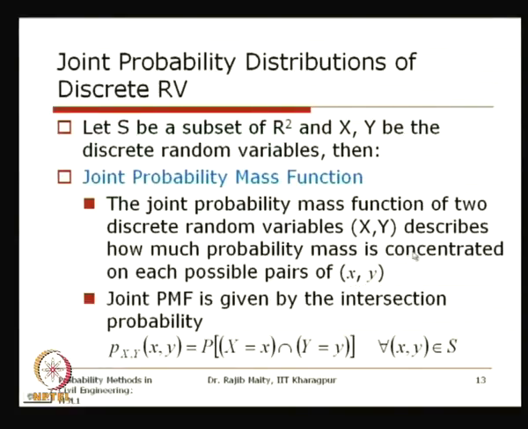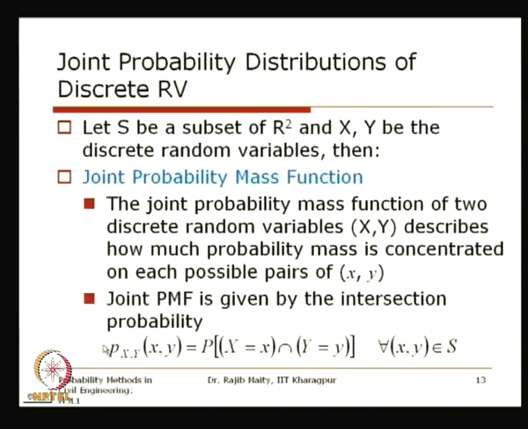Only some possible pairs exist, so at that point it is not the density, as against the continuous random variable; it is the probability mass that is concentrated, as we discussed earlier in the pictorial view, that at that point some probability mass is concentrated.